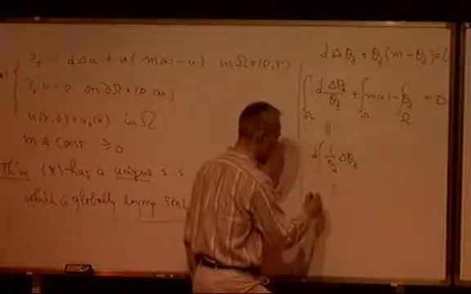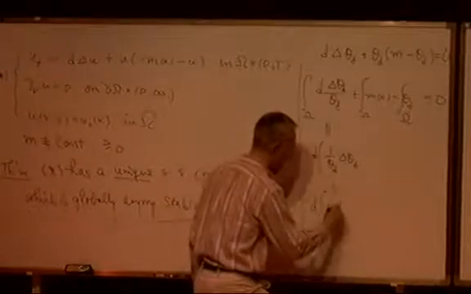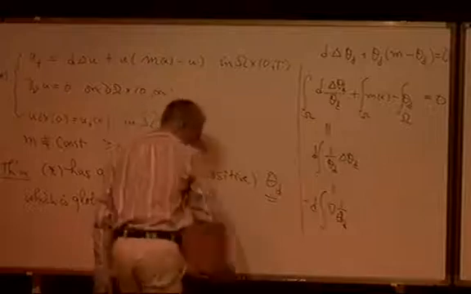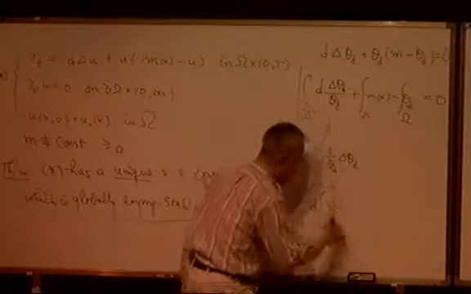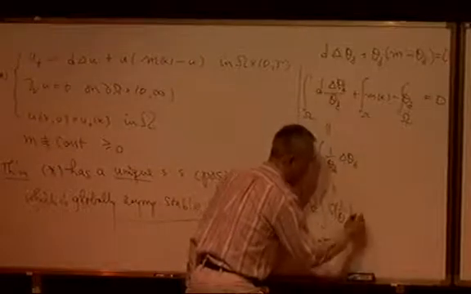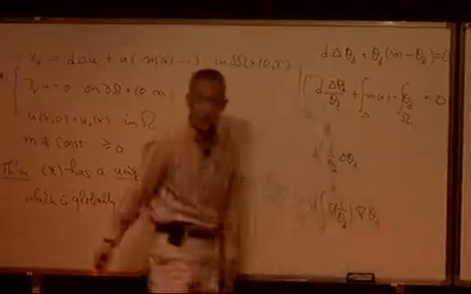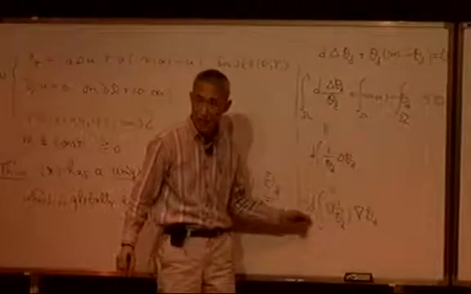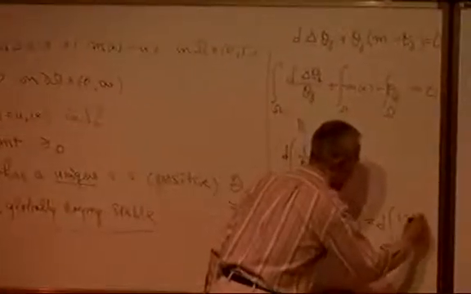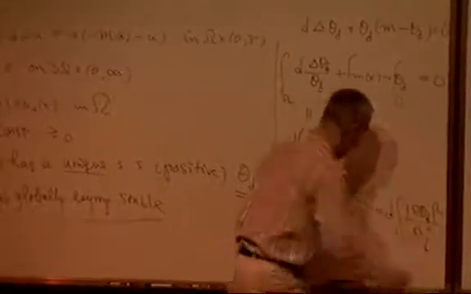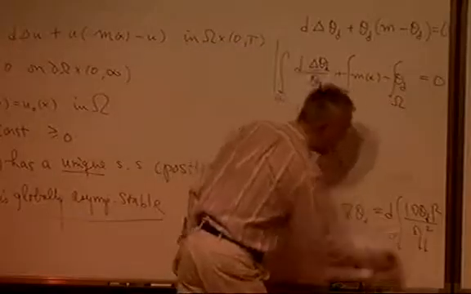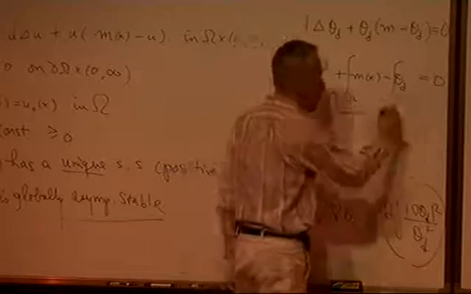I throw one derivative over here. I have negative d, gradient of 1 over theta_d, and then gradient theta_d. When I differentiate this, I get another negative sign. So what I'm getting is d integral of gradient theta_d squared over theta_d squared. So what do we have? We have this term plus this one equals 0.